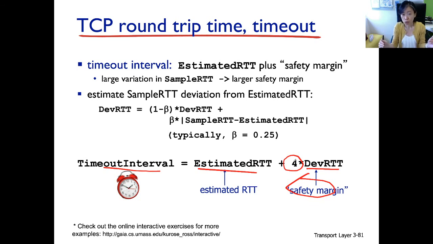In a normal distribution, starting from the average, if you add 2 standard deviations and subtract 2 standard deviations, it should cover what? 95% of the value range of all these samples. So by adding 4 standard deviations here, the timeout interval is covering more than 99.99 something percent of these sample RTTs. That is also saying, setting the timeout interval this way, there's going to be very few premature timeouts in TCP.